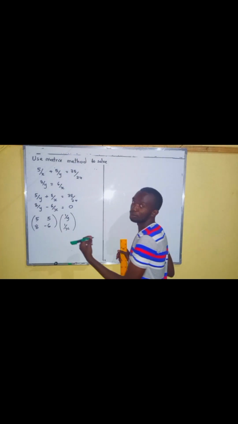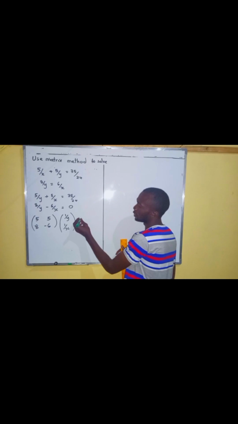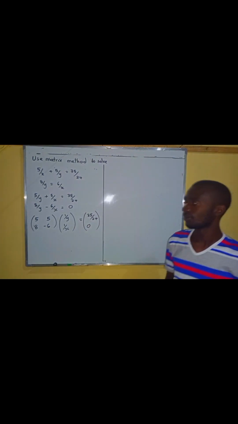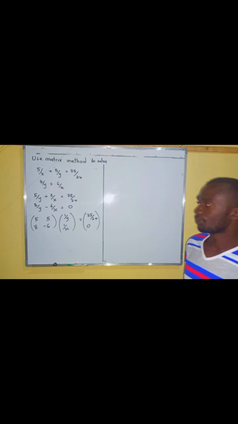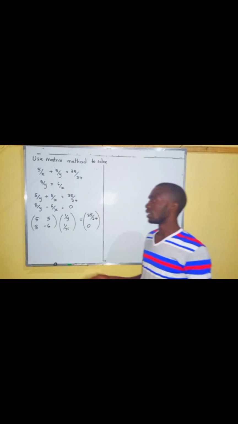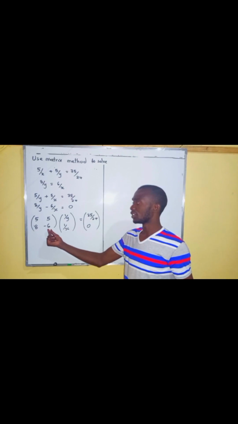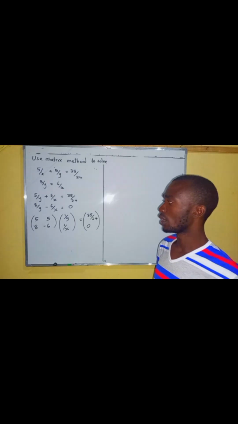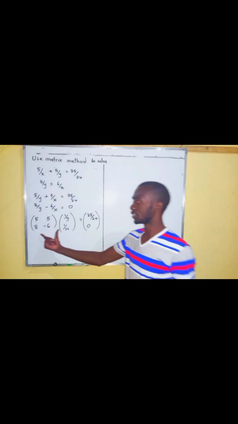We are now writing it in matrix form. The equation should be equal to 35 over 24 and 0. So that is the matrix form. Now we find the determinant of the matrix. After finding the determinant, we interchange the primary diagonal, then we negate the secondary diagonal to find the inverse of this matrix.